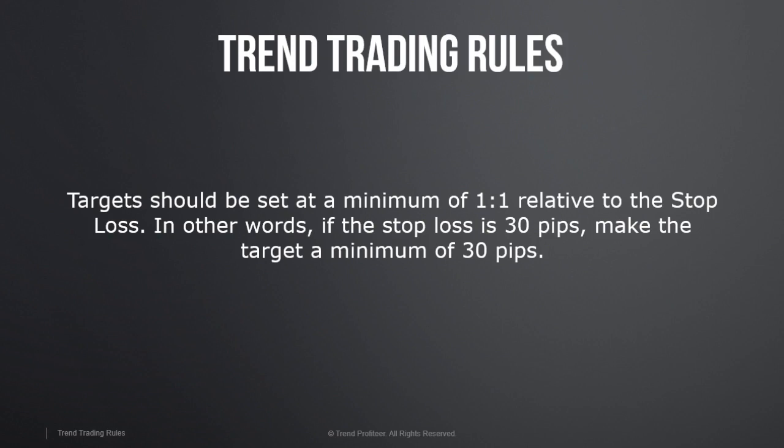I've seen it down to half a pip or less, and then it moves against you, and the next thing you're looking at is a big loss. You don't want that to happen, so don't let the rule of having to reach that 1-to-1 minimum deter you from closing the trade or locking in profits just because it's a little shy of that target.